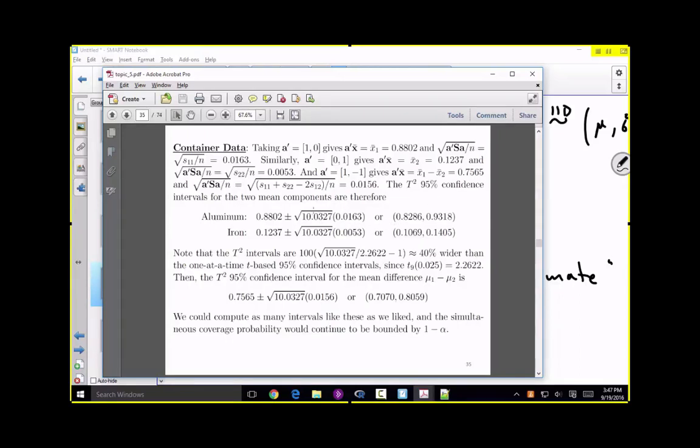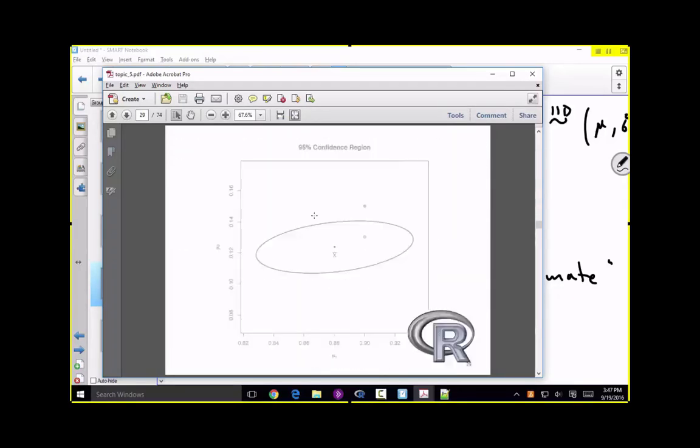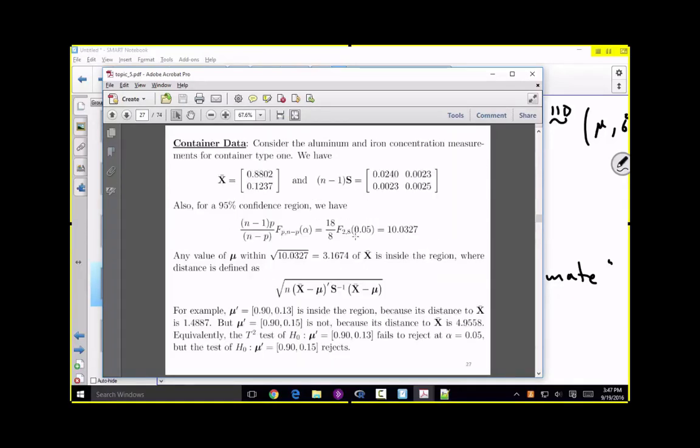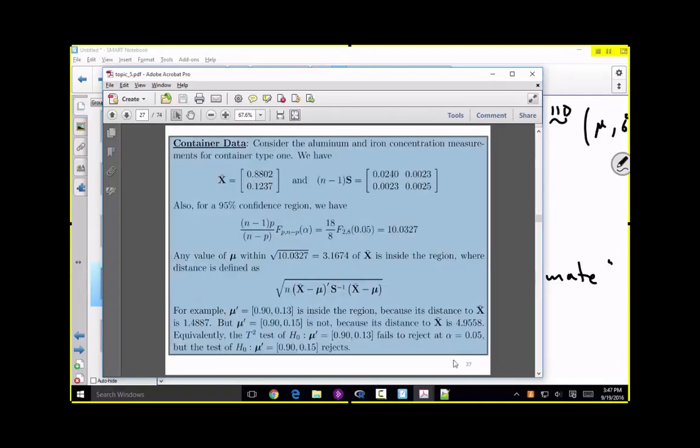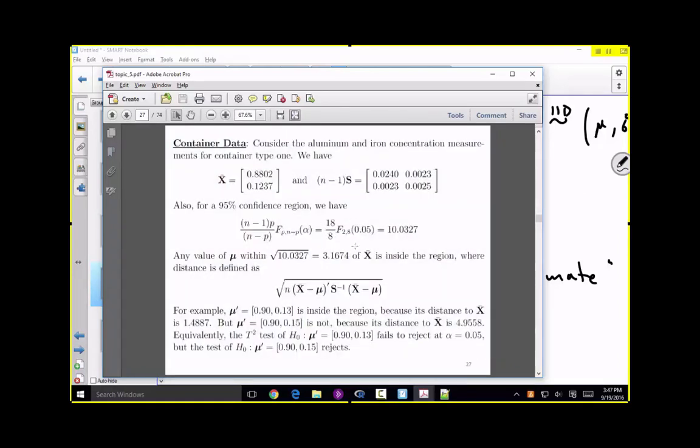The number that we need to put for the cutoff here is the square root of that statistical distance that we computed earlier, back here, this guy, 10.0327.